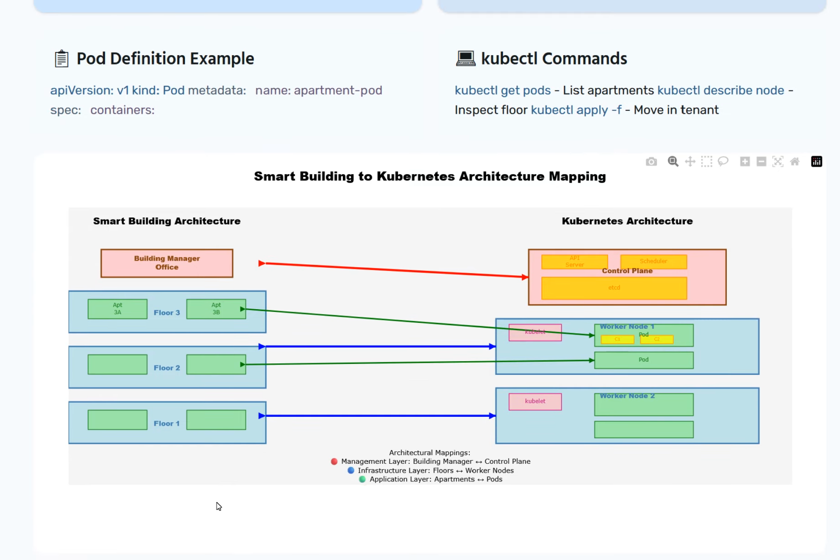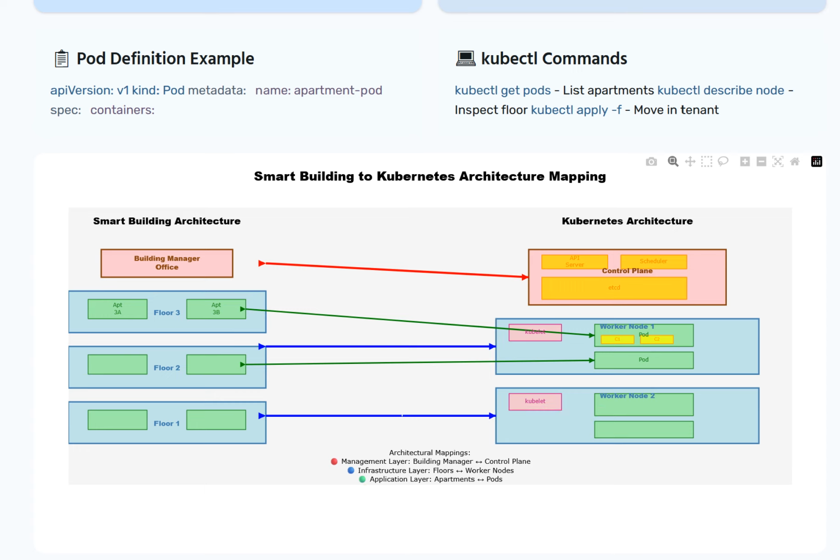Again, you can see the same thing. That's the building manager managing everything. Let's say the ground floor is the control panel: scheduler, API server, etcd, everything is there. And then you have the floors, the worker nodes.